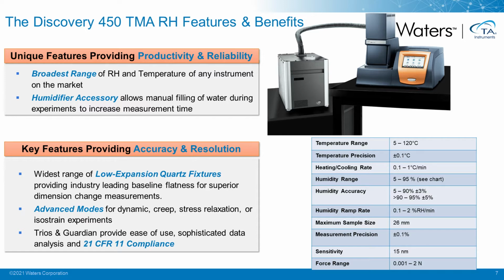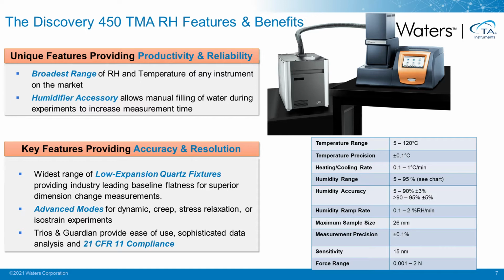Some of the key features here, we have the widest range of low expansion quartz fixtures. In fact, every fixture that is on our Discovery TMA 450 model, except for the volumetric probe, is available on this particular instrument as well. We have advanced modes here, so we can do modulated force, which allows you to do dynamic experiments.